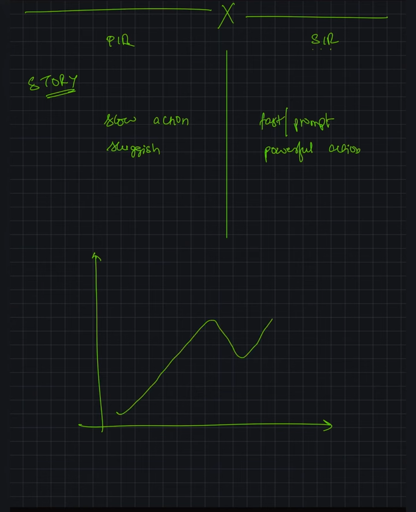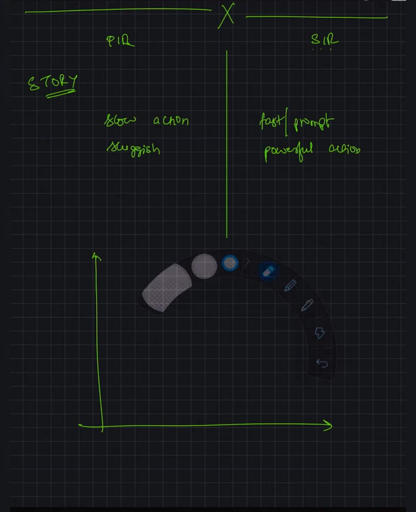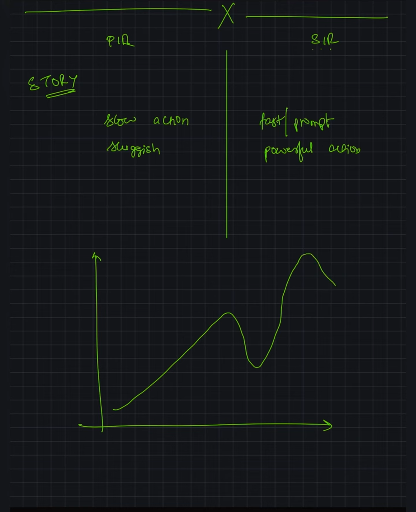Let me make the graph. As you can see here, this is the primary immune response, and this is the secondary immune response. Here this is the time on the x-axis and this is antibody concentration on the y-axis.